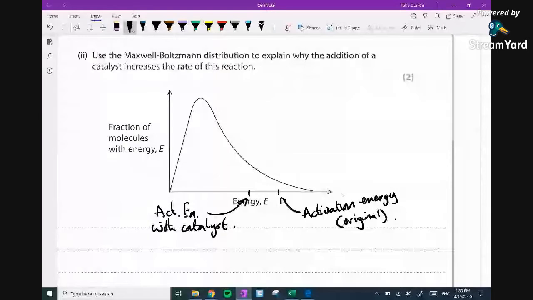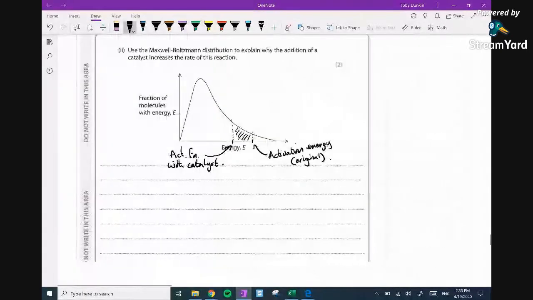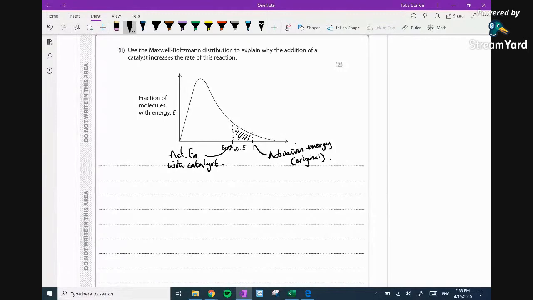And then what you do is you kind of do this, and you go, the number of particles. It's asking you to explain how a catalyst is also functioning here, folks. I hope you kind of got that.